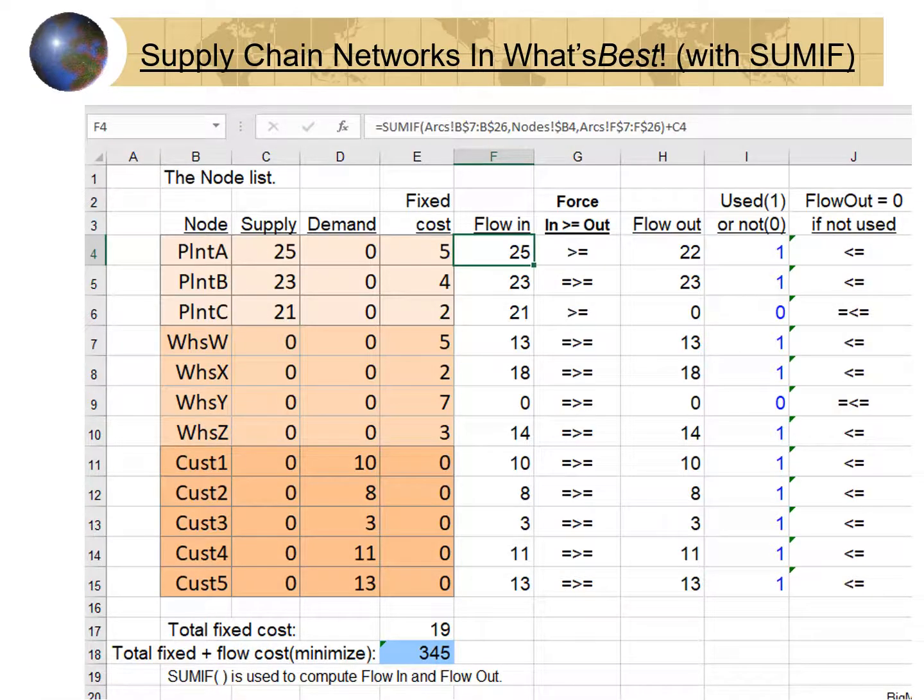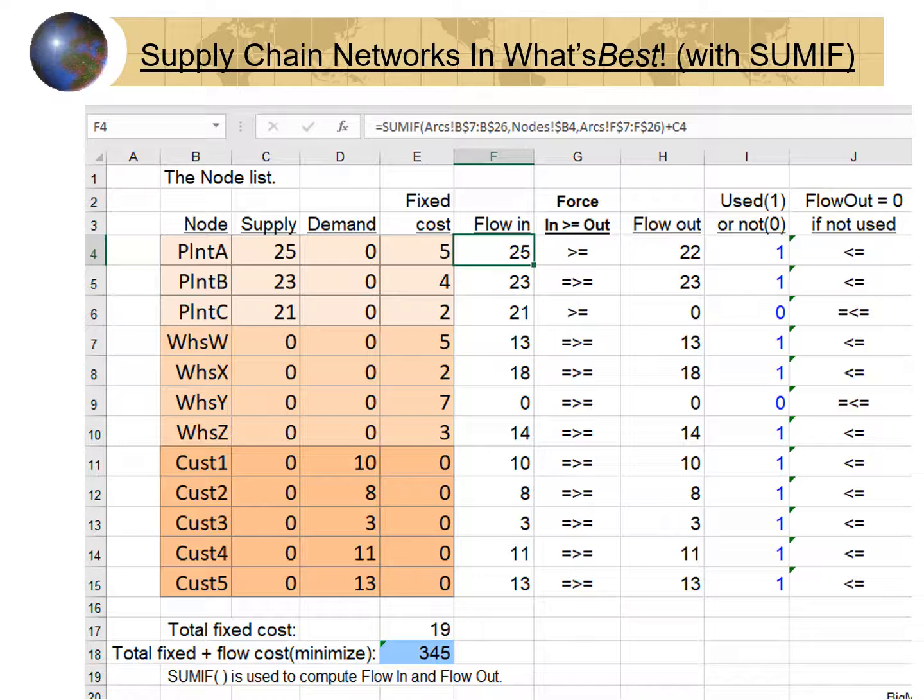The other half is described by the nodes. So here we have the nodes in the network. The first three are for the plants, the next four for the warehouses, and then finally the customers at the end. Here we have the data in the shaded cells, the supplies and demands, and we're throwing in an additional wrinkle of a 0-1 variable of whether we have a distribution center in there or not.